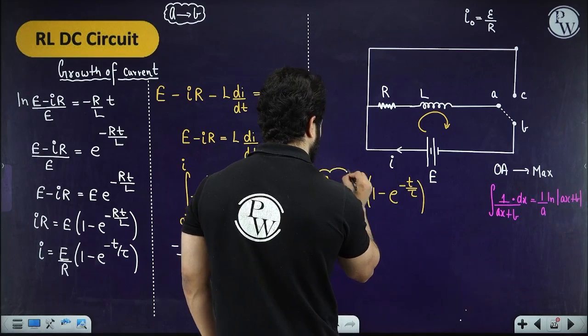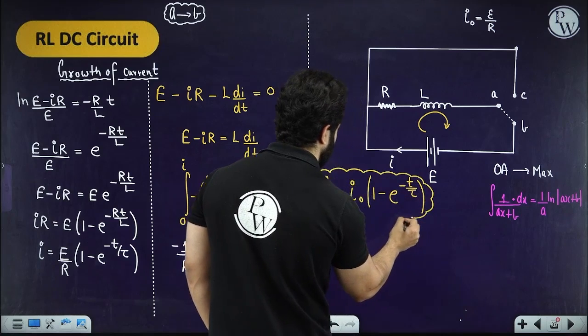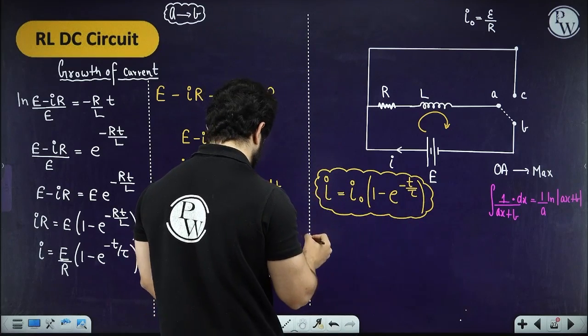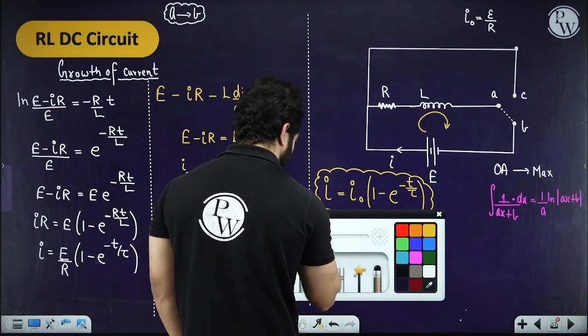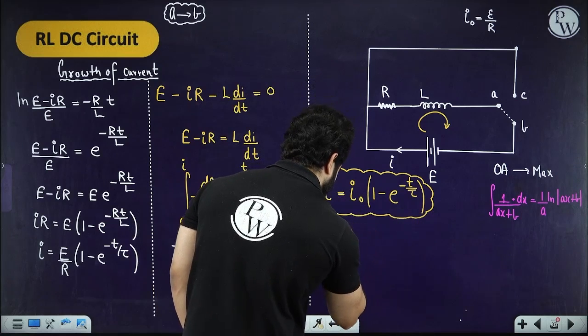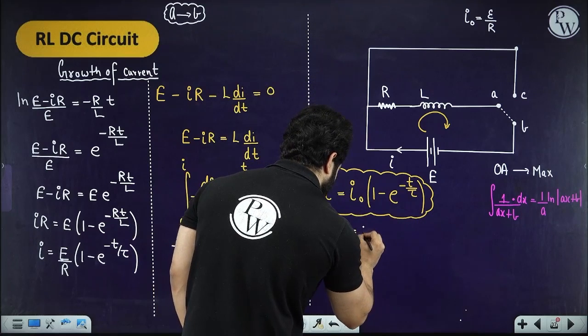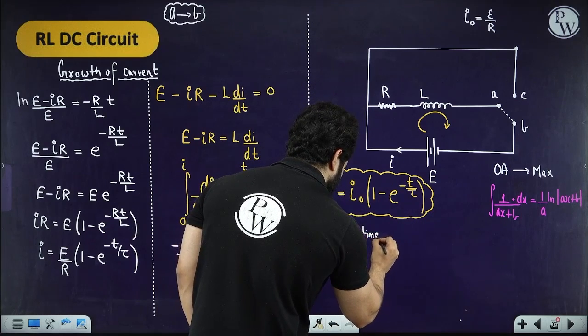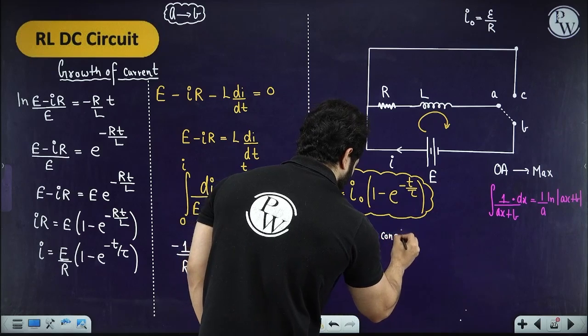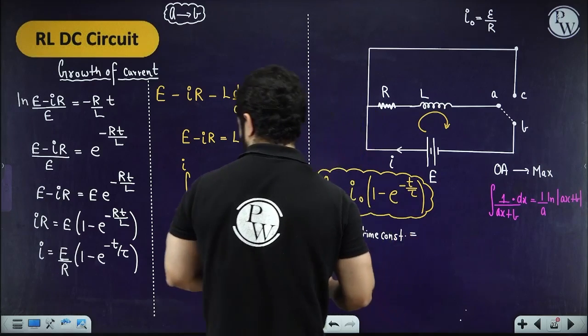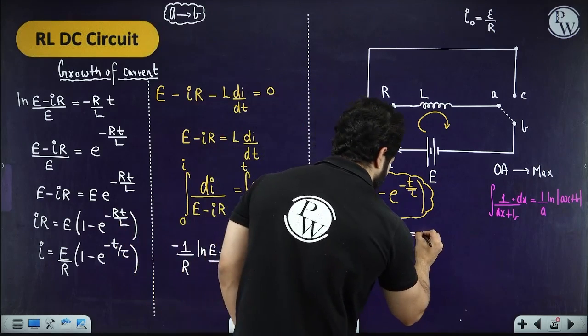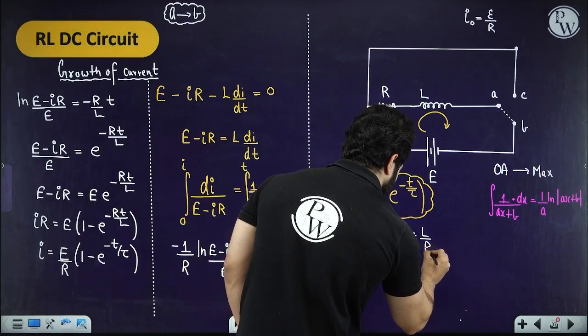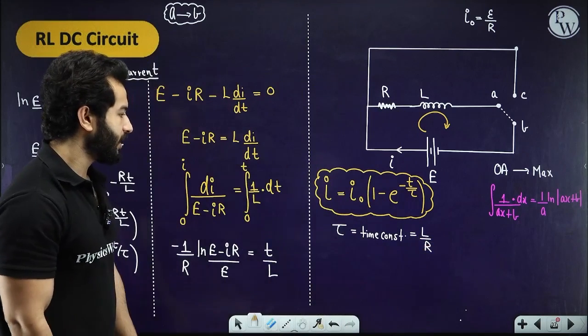And this is the equation for growth of current. So you must remember this. And in this equation we can write that tau is known as the time constant, whose value is nothing but L by R. It is L by R. All right, it is L by R.